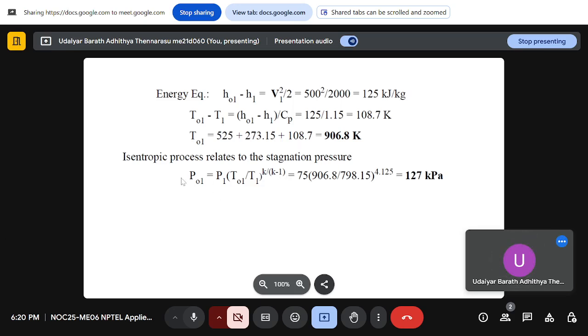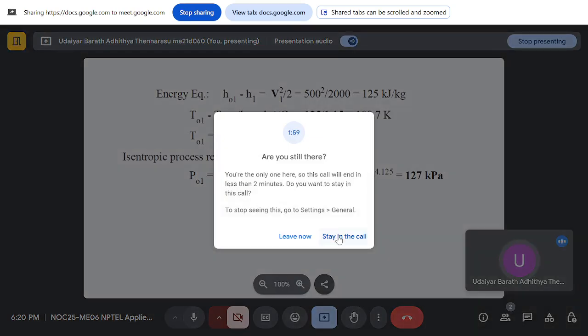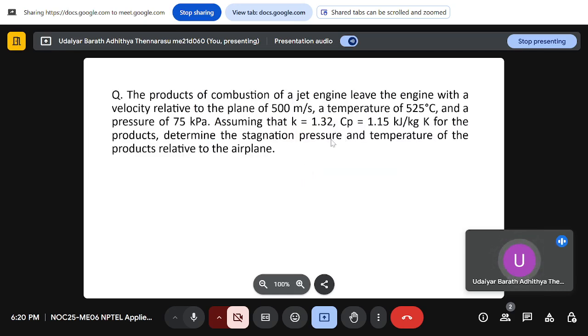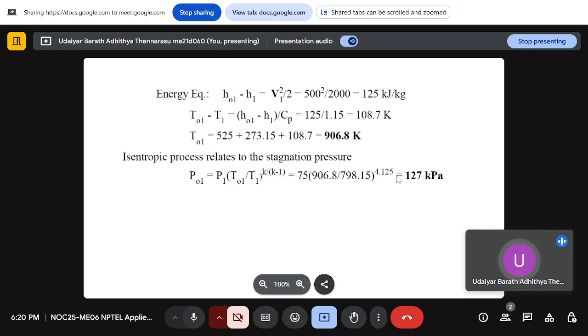So P naught by P1 is T naught by T1 raised to power gamma by gamma minus 1. So we know T naught and T1, and P1 is given as 75 kilopascal. So substituting the values, and gamma is given as 1.32, we get P naught as 127 kilopascal.